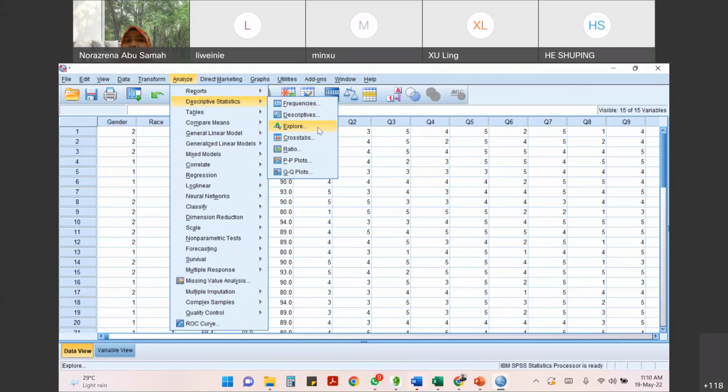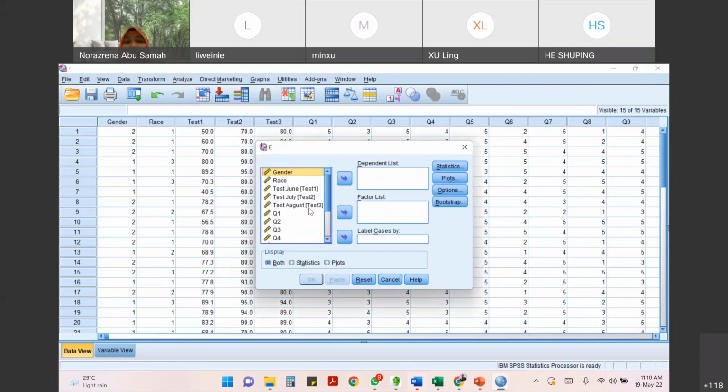Gender cannot, it's not a ratio or interval. Test, you can run all the tests. You can press the shift button on your keyboard if you are using Windows, and then bring to the right. So you want to test these three variables.